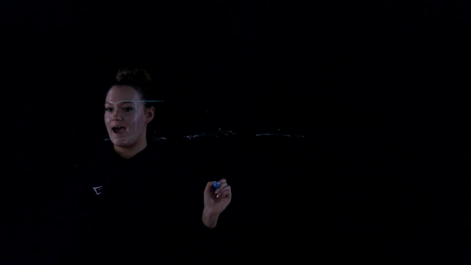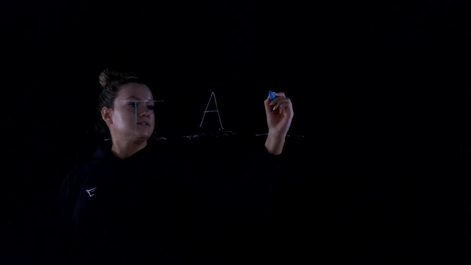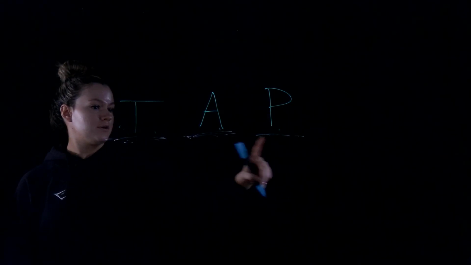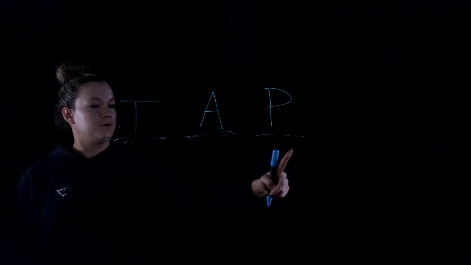That's going to be the letter T. And then there's the A again. A, T, P. What letter is that? It's going to be P. So we have tap. T, P, tap. Do it with me. T, P, tap.